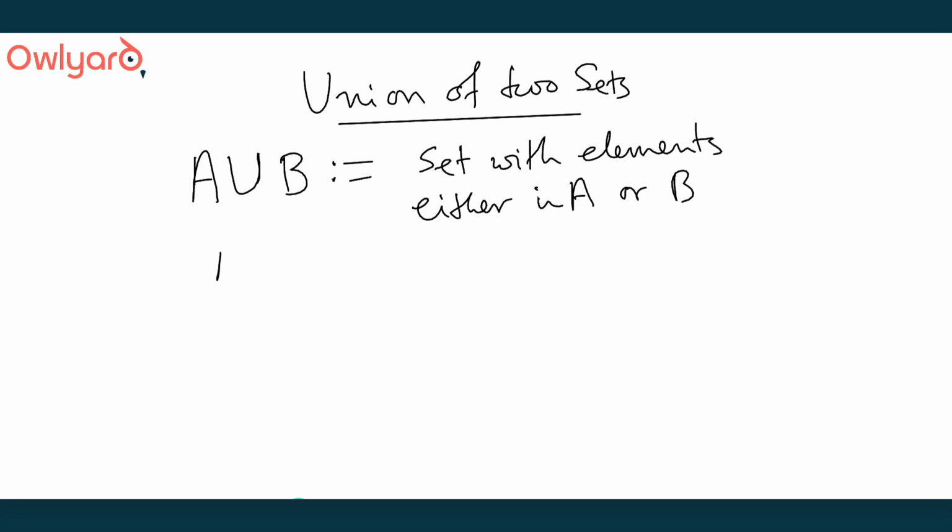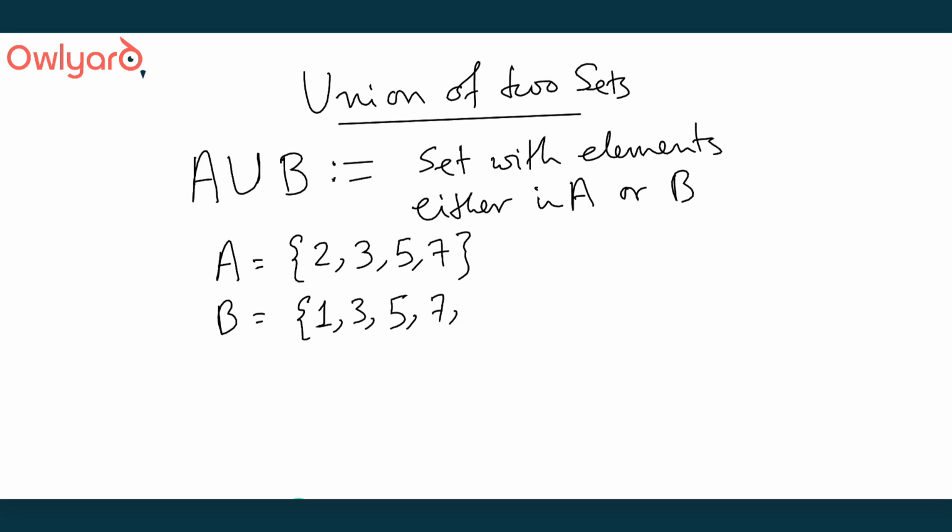Okay, so let me give a quick example. Let's say A is the set of single digit prime numbers, so 2, 3, 5, 7, and B is the set of single digit odd numbers, so 1, 3, 5, 7, and 9.